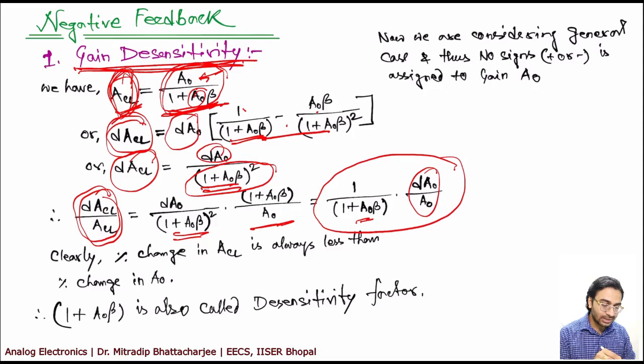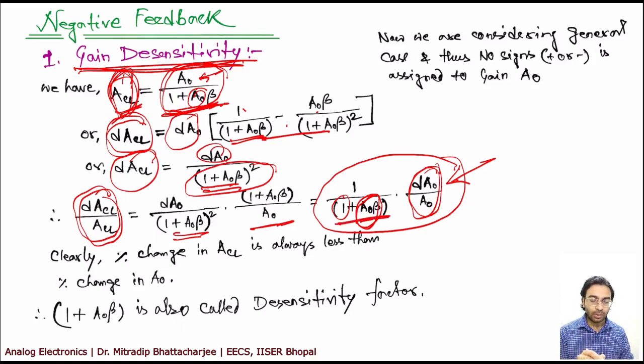So from this expression, it is very evident that your dACL by ACL, that means closed loop gain variation, is much lower than your open loop gain variation, because A0 beta will be a large value. A0 is your open loop gain, a large value compared to 1 at least, so let us neglect 1.